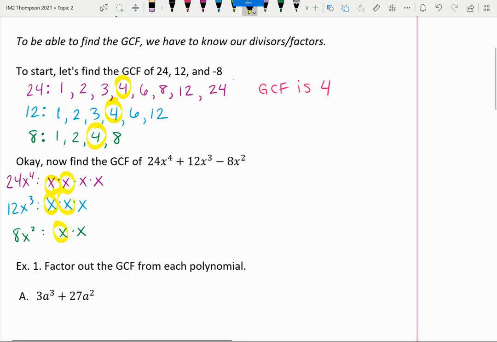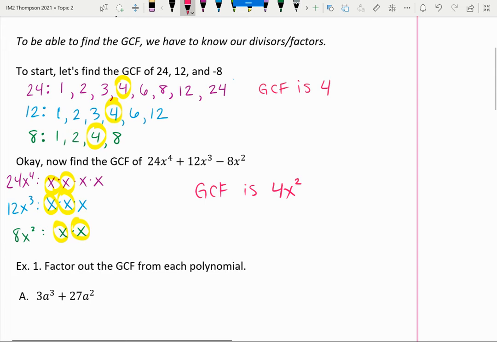They all have another x in common. So when I'm talking GCF here, 4 goes into all the numbers, right? And x squared goes into all the variables. So now I'm identifying the GCF of this whole expression. Identifying the GCF is half the battle.